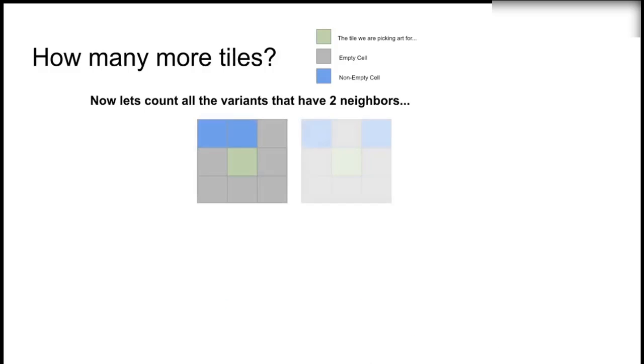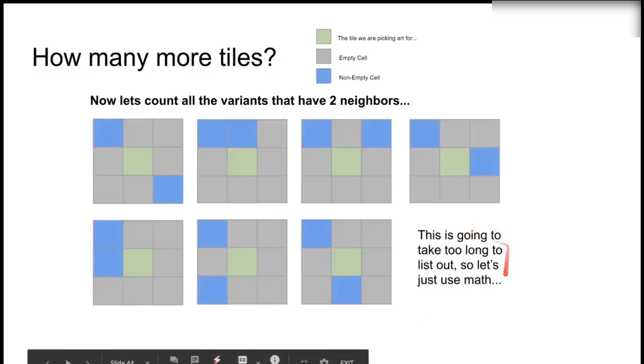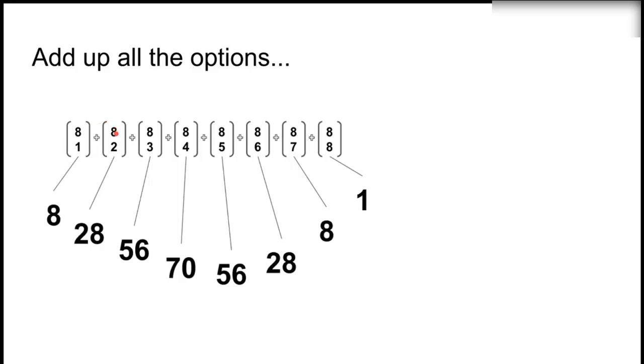And then if you start counting, well, now what if you have 2 neighbors? What kind of art should you render there? It's quickly going to become apparent this number is going to be huge, and it's actually hard to count. So using some math, you can just sum up: you have 8 options, choose one of them, that's your neighbor. You have 8 options, choose 2 of them, that are your neighbors, and so on and so forth, until you're completely surrounded.